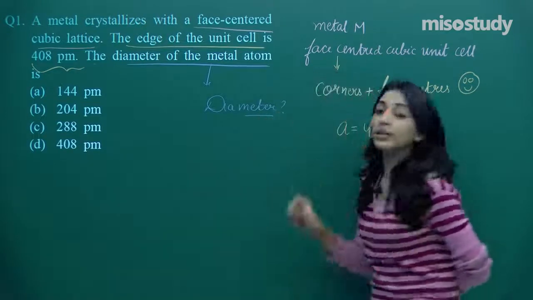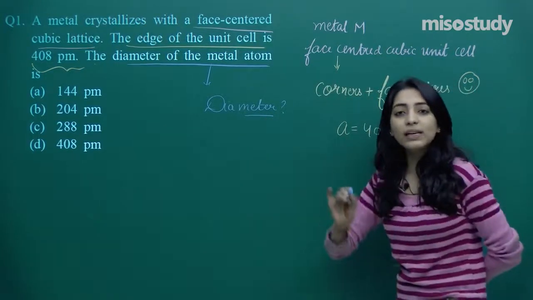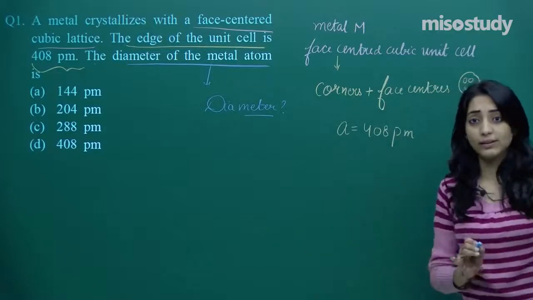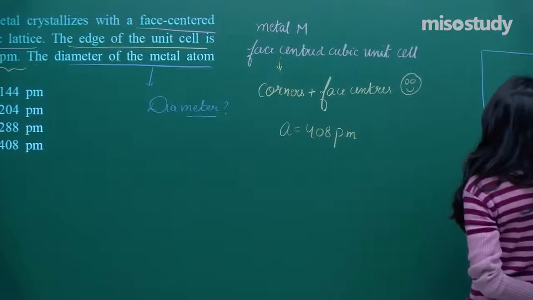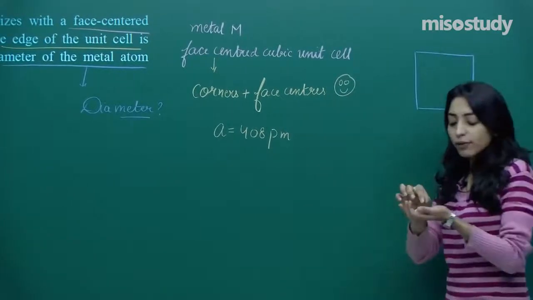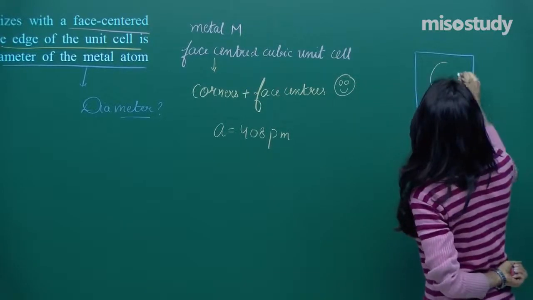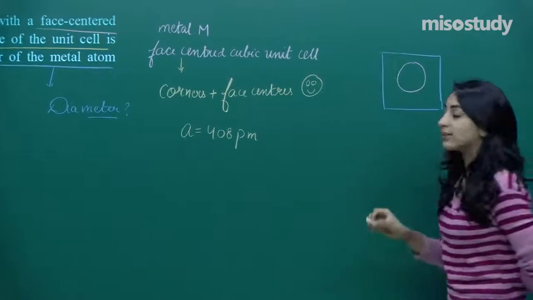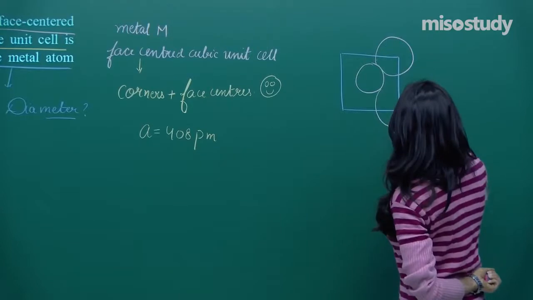Guys, let's move very slowly to the answer. If we are talking about a face-centered cubic unit cell, I'm just drawing the side of a cube. Now I will first draw an atom in the center of the face, and then I will draw 4 atoms, something like this.